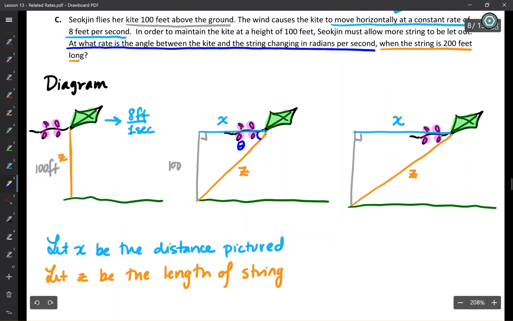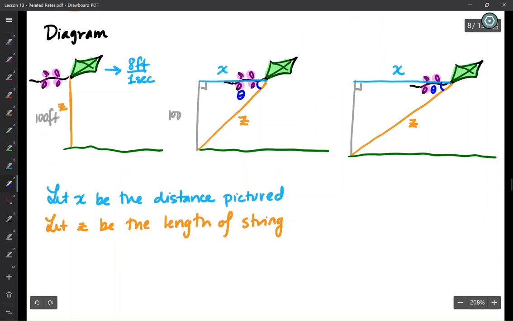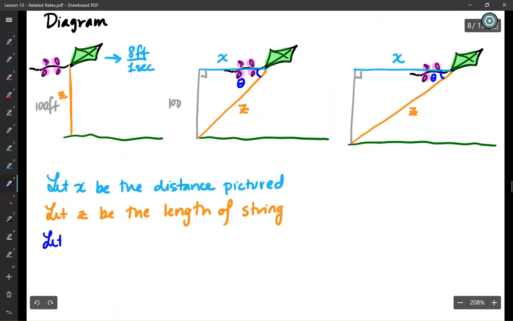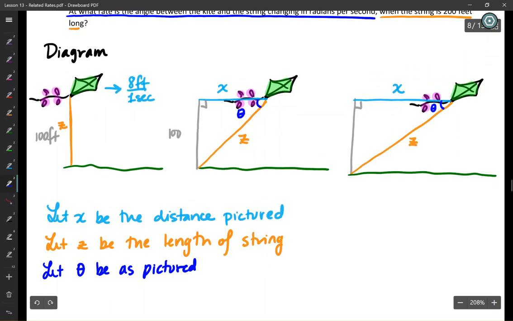There's that angle. My art is in the way a little. There's that angle. And notice these are parallel lines cut by a transversal. That angle is also showing up right here. But I'll just draw it in the one place. Let theta be as pictured.